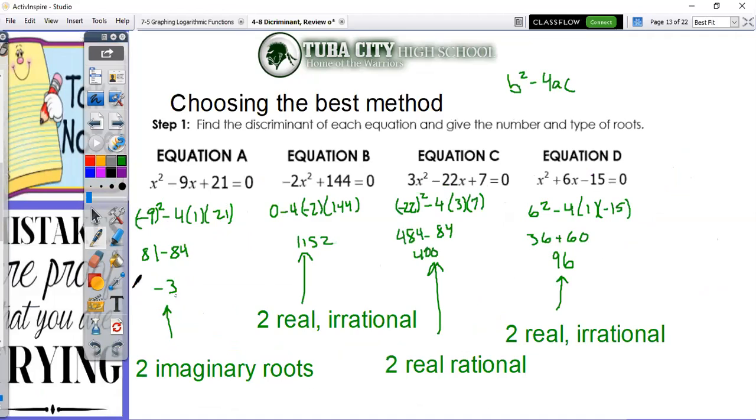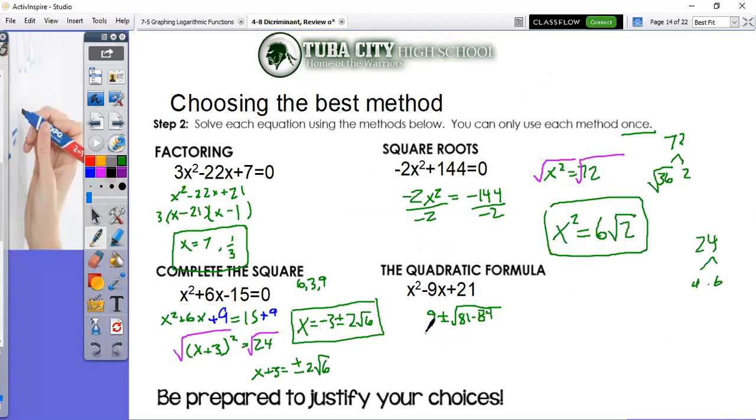So I already know it's going to be an imaginary number. In fact, I could have just looked at this. Since I already had it, I would already know that this was just going to be negative 3. So 9 plus and minus root negative 3 over 2. All right, I wouldn't even have needed to have done all that math just now. I could have just looked at the discriminant that I had earlier.